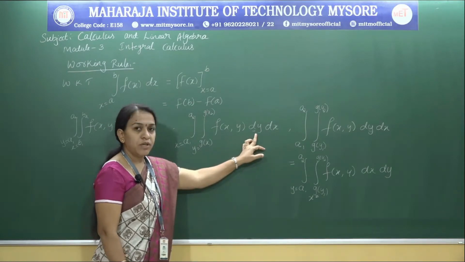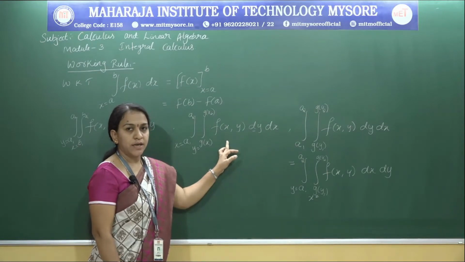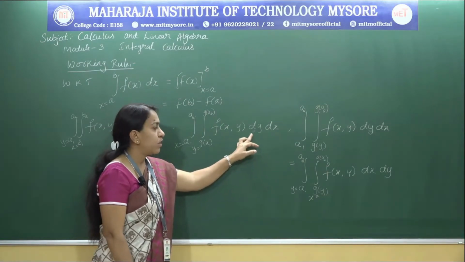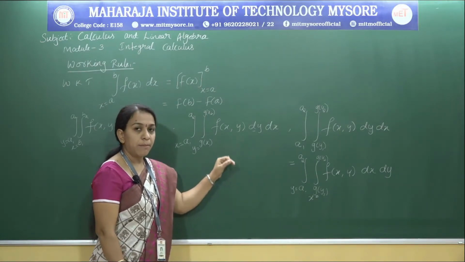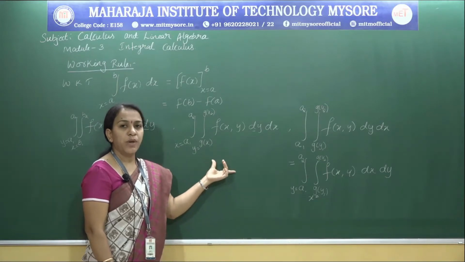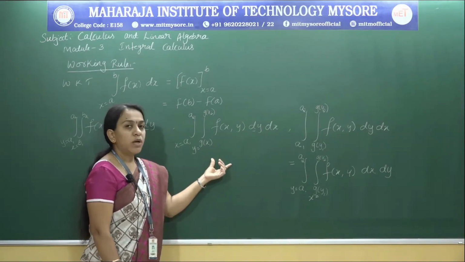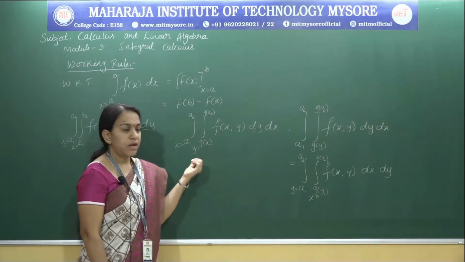Since I have dy first, I should integrate with respect to y keeping x constant. So first integrate with respect to y keeping x constant and apply the upper and lower limits, simplify that, then you will remain with only some constant and an x variable. So once you remain with the x variable, integrate with respect to x, right.